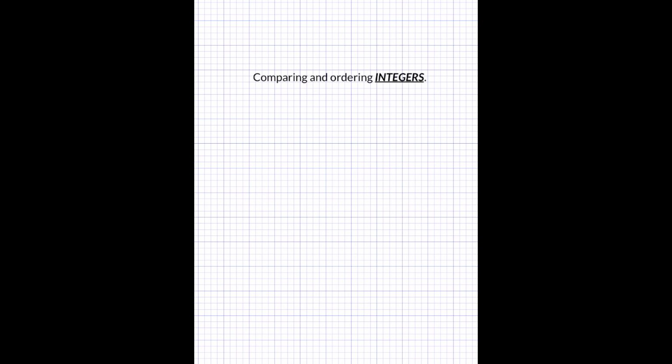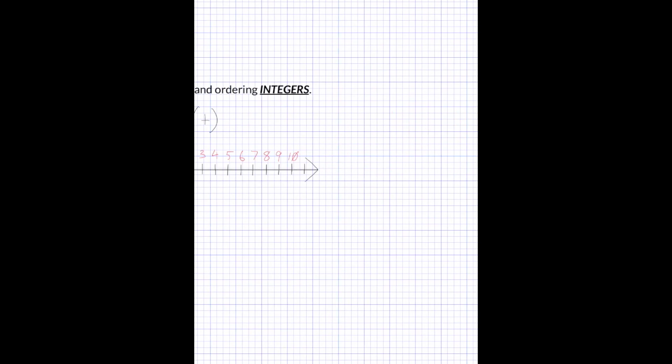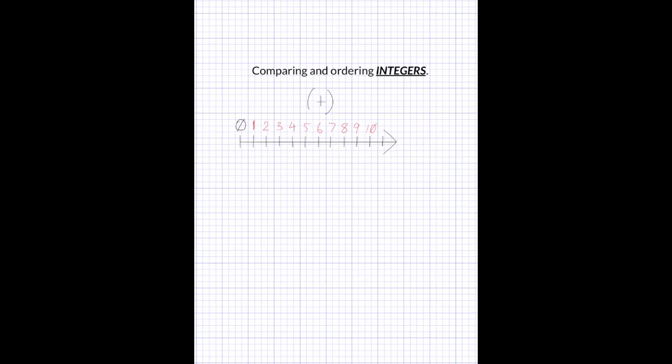Well, you've probably heard it before and may remember that it is just any whole number, be it positive, using this symbol if we need to, also represented by any of the numbers on this number line here, or we can also have negative integers represented by that symbol there.